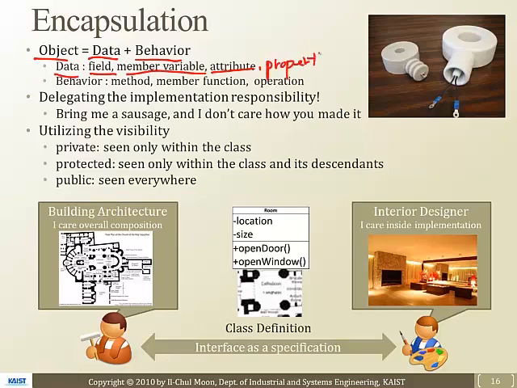The behavior part is called methods, or member functions and operations. When designing objects, one important thing is simplification, decomposition, and delegation. Delegation means that sometimes I say, bring me a sausage and I don't care how you made it.